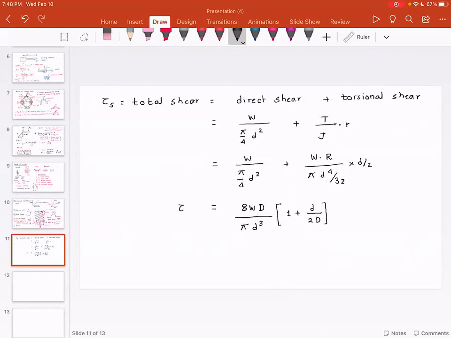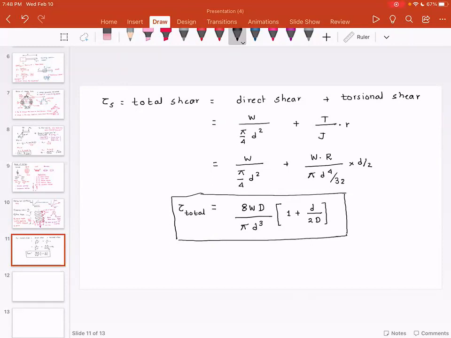So tau total can be written as 8 WD divided by pi d cube, times 1 plus d by 2 times capital D.